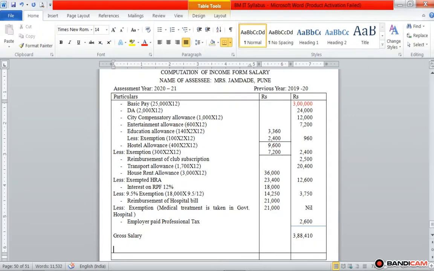Then less deductions under section 16. First, standard deduction.